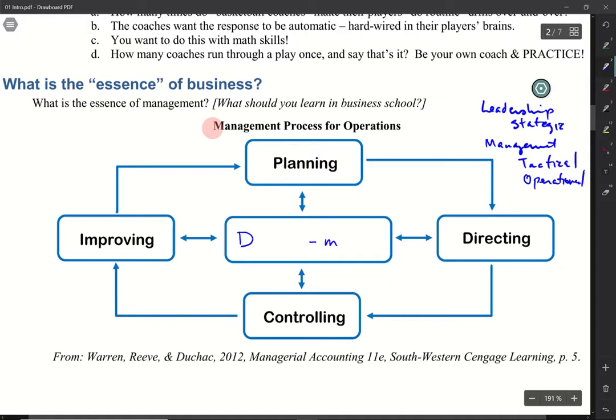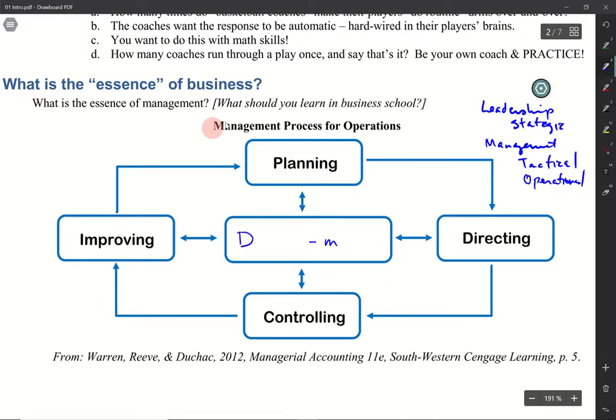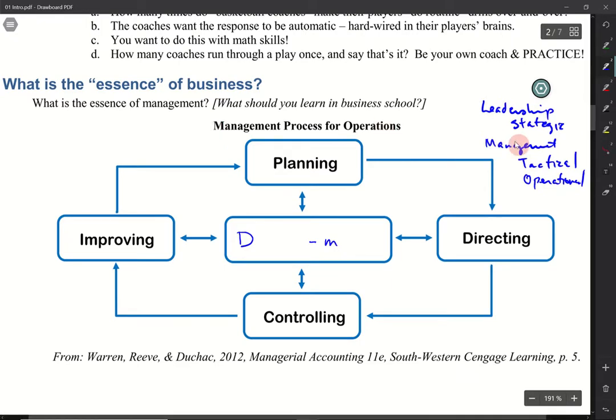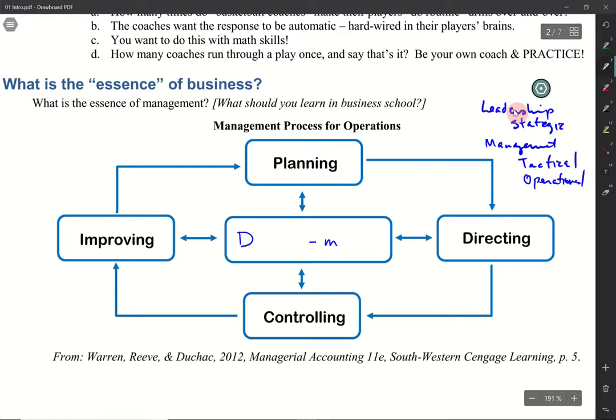And so there's obviously a relationship. I think that management is more of a focus on operations. Leadership, I think, is sort of a higher level, developing strategies, coordinating, setting the vision for the organization.